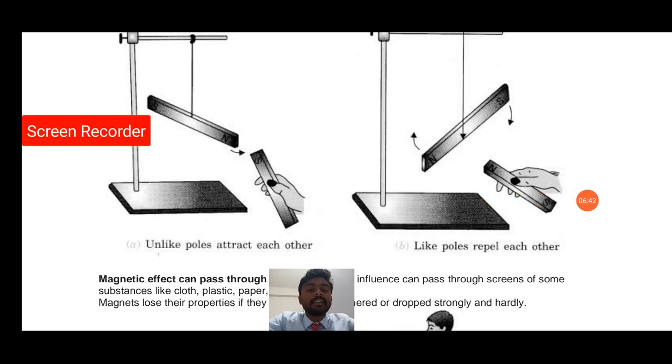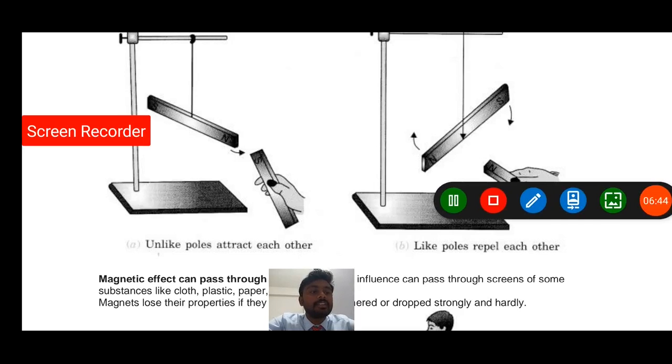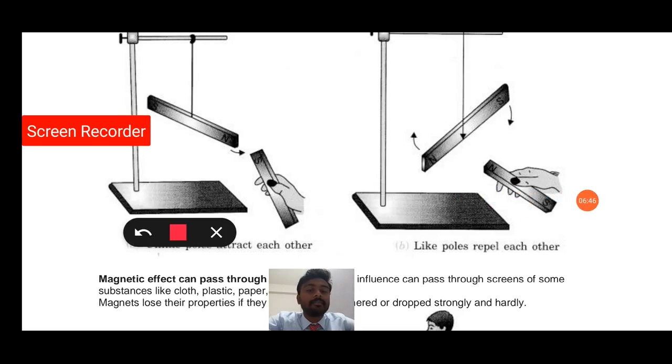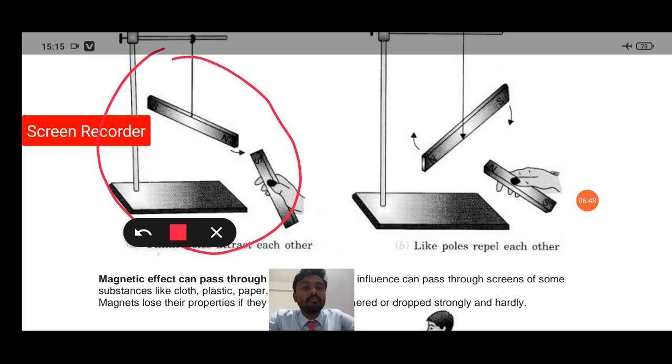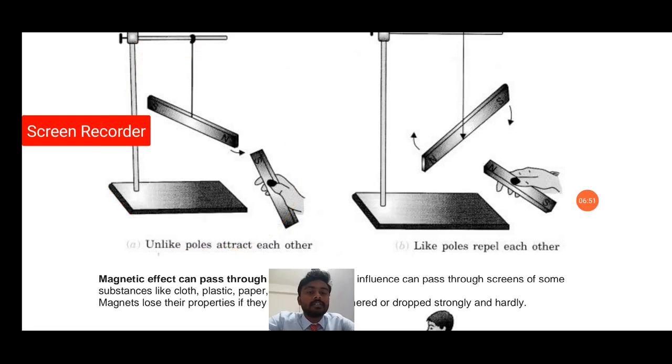Okay, see students, in the first diagram, unlike poles attract each other. It means the north pole attracts the south pole.